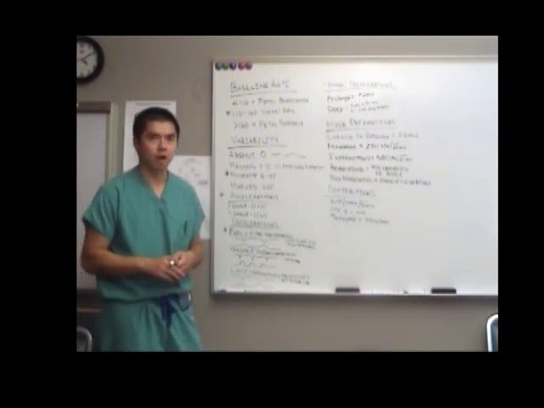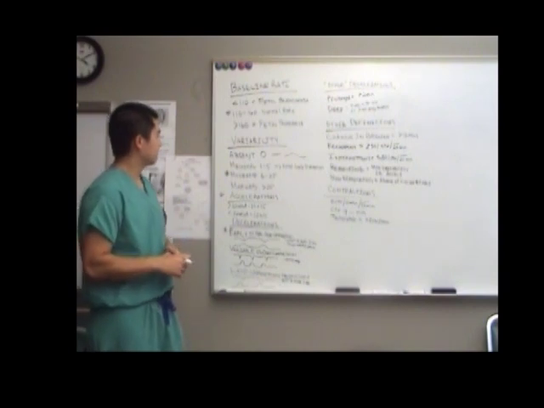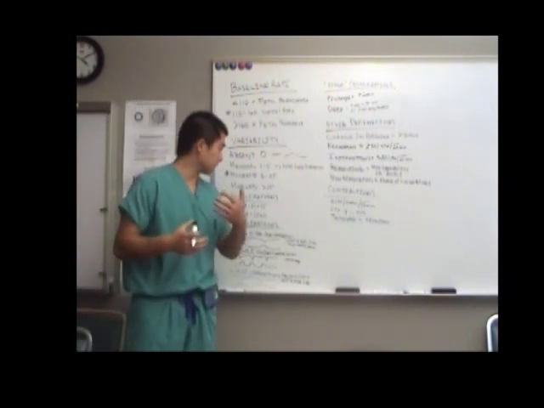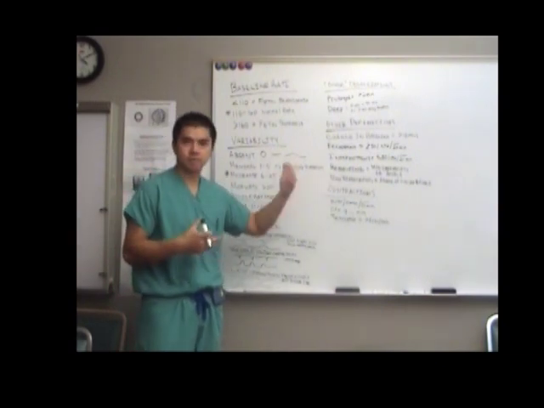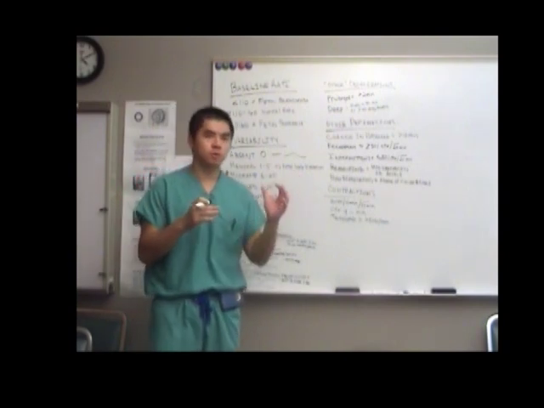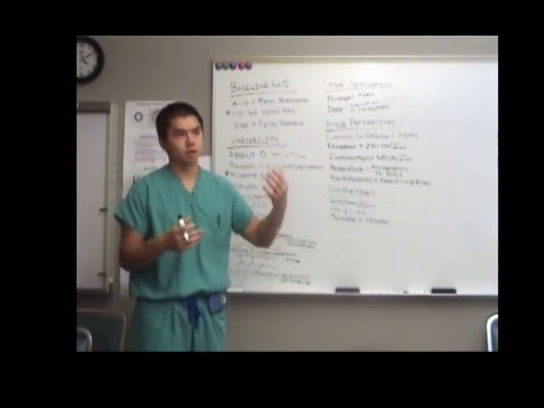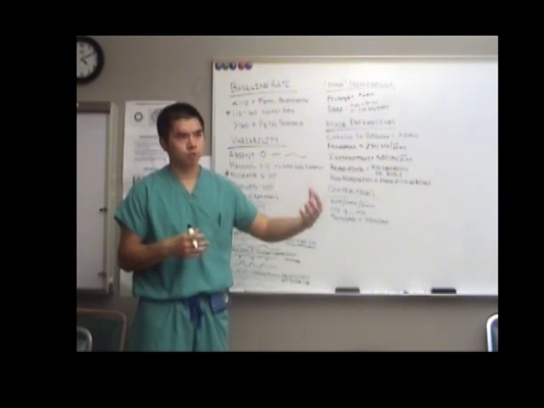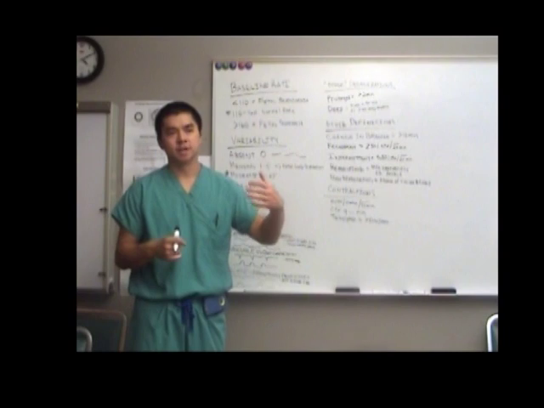Then throw in the other descriptors, that there's moderate variability, no accels, and then that decel that we described, and you can redraw that. Again, your goal as the person describing the fetal heart tracing is to describe it in a way that your listener can reproduce it and redraw it in their mind or on paper exactly as you see it.